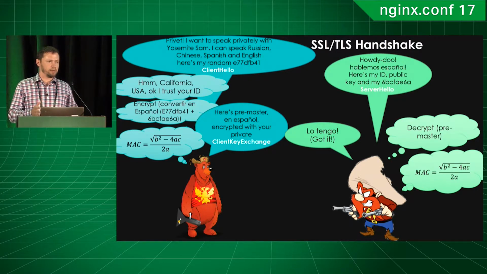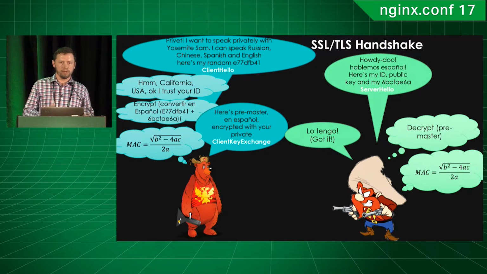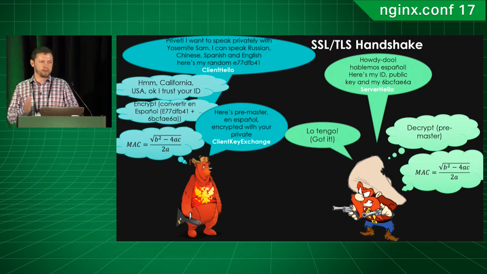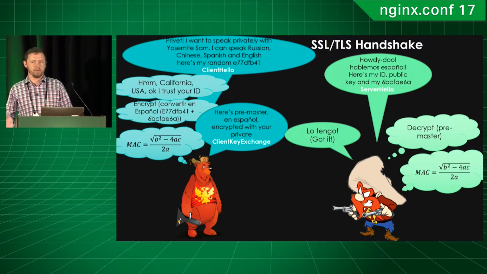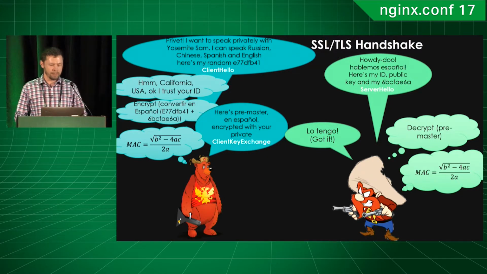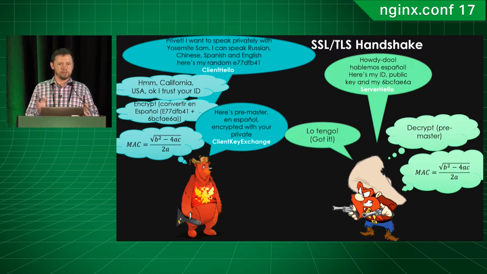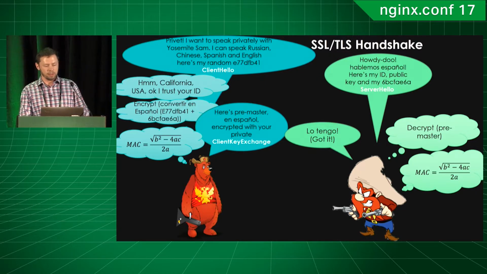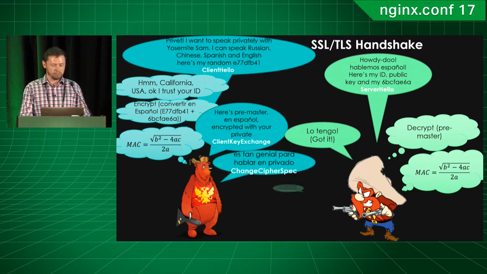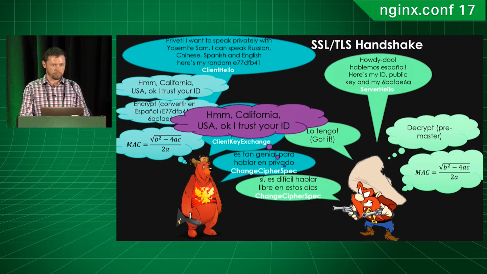It was sent encrypted by the public key of the server, and the client knows it because it generated part of this key. Server knows it because it was able to decrypt it with the private key. Now we have a secret key that we can use for symmetric encryption, which is fast. And now we can talk.